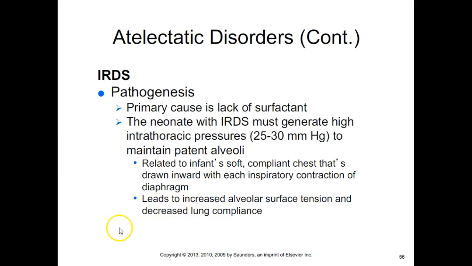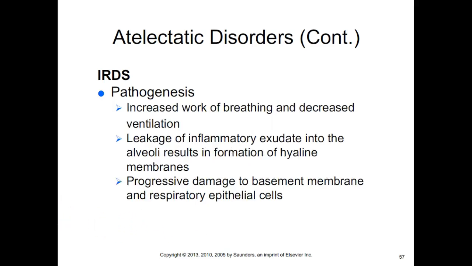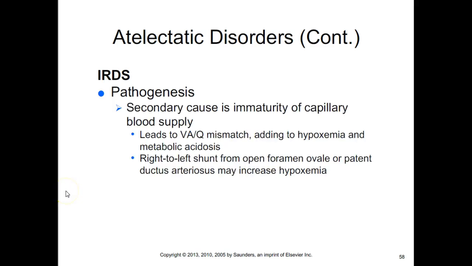Leading to increased alveolar surface tension and decreased lung compliance, right? So increased work of breathing and then a decreased ventilation. Then you also will have exudates into the alveoli. And so forming those very glassy hyaline membranes, and then eventually progressing into damage to the basement membrane and respiratory epithelial cells, and could lead to death.